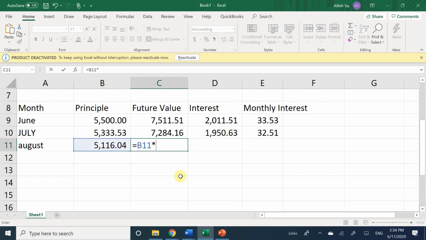So it's principal times one plus my parentheses, 0.0625 divided by 12, double parentheses, caret, parentheses, it'd be 12 multiplied by 5.